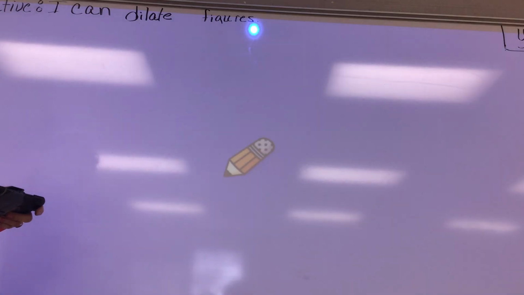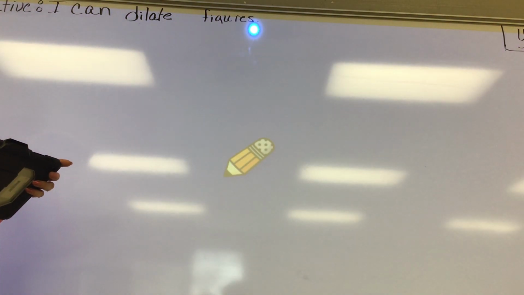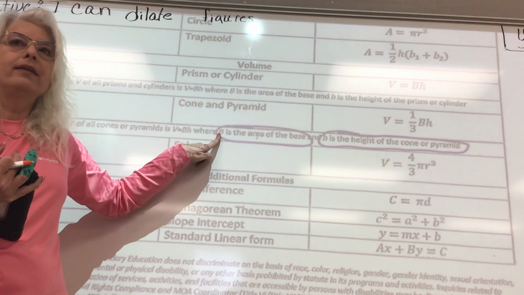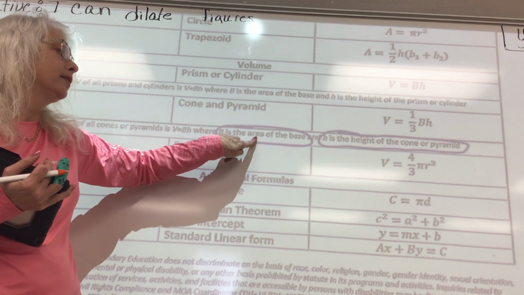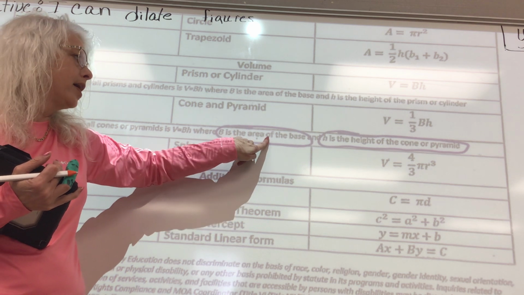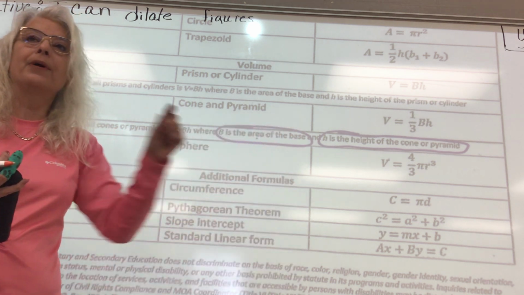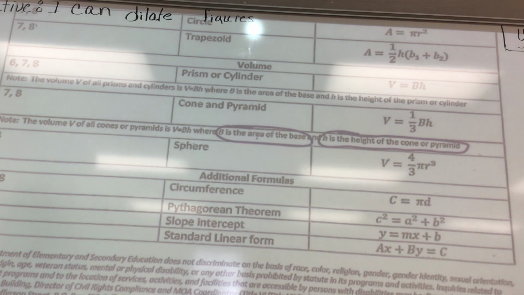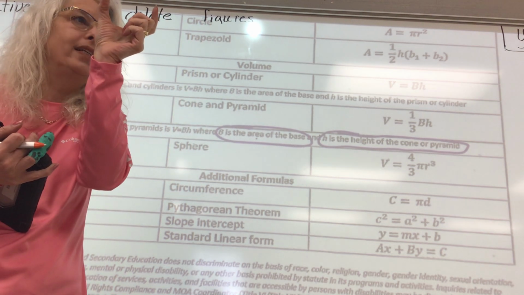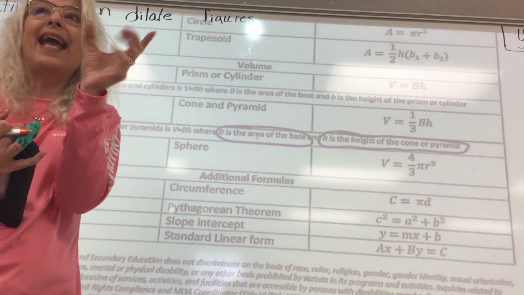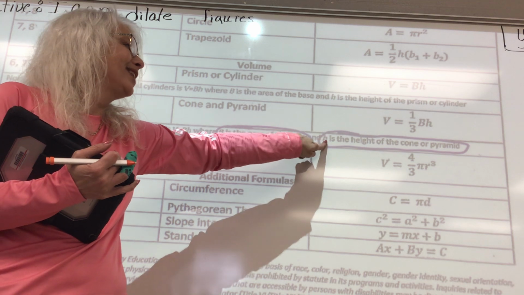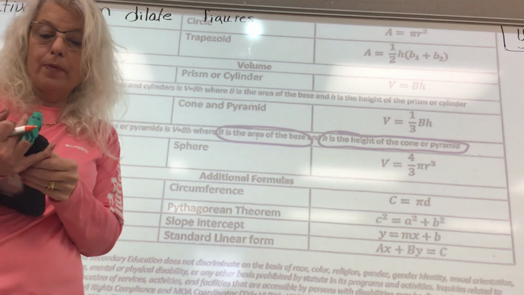If I go back to my reference sheet, we find out that the capital B stands for the area of the base. Remember, a lowercase b stands for how wide is the base. A capital B stands for the area of the base, and h is the height of the cone or pyramid.